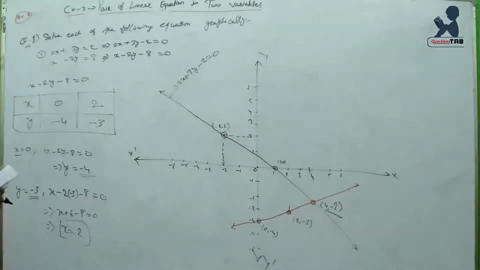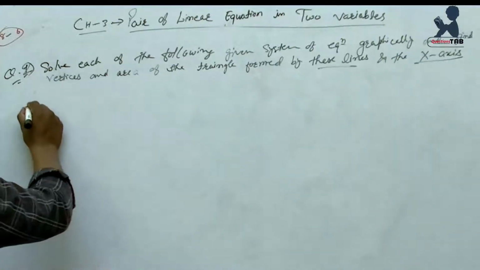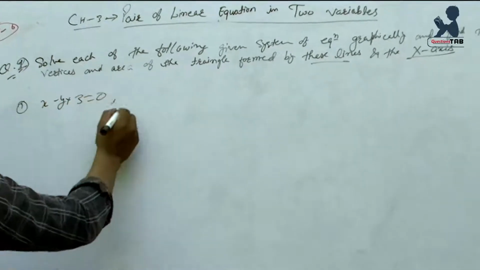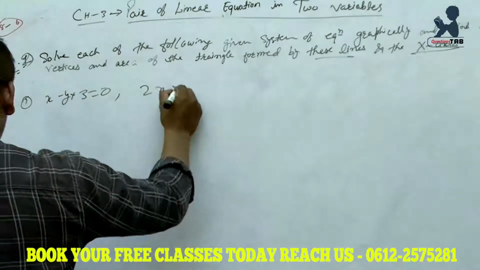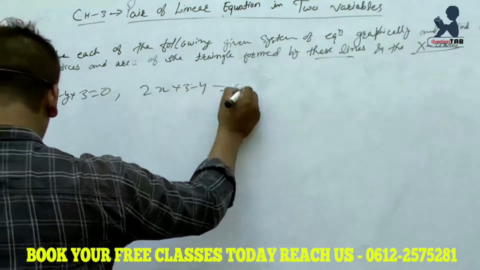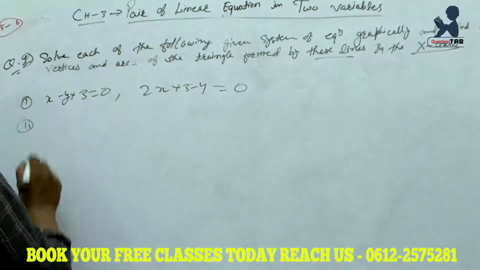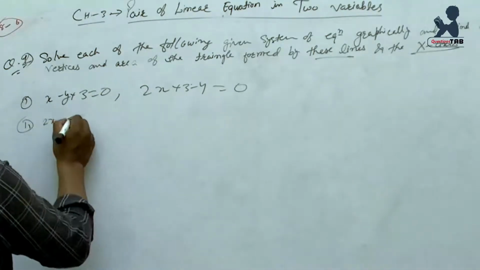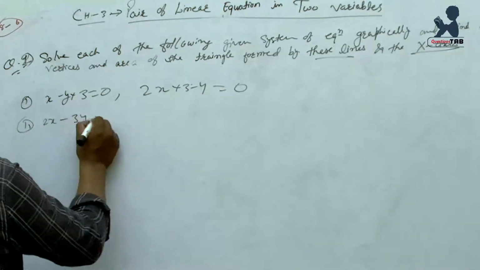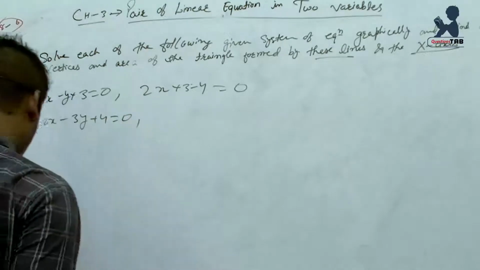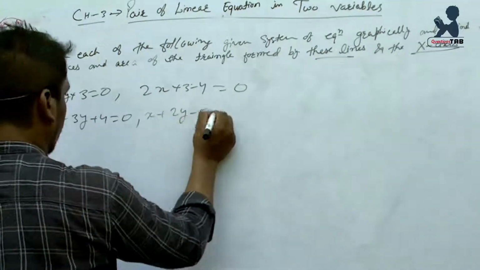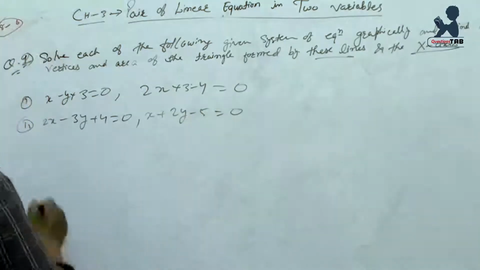Okay, our first question is x minus y plus 3 equals 0 and 2x plus 3y minus 4 equals 0. Second question is 2x minus 3y plus 4 equals 0 and x plus 2y minus 5 equals 0.